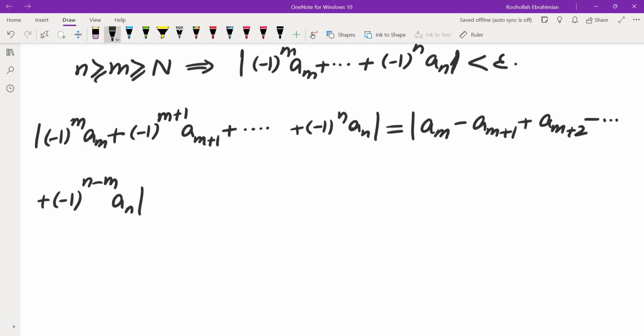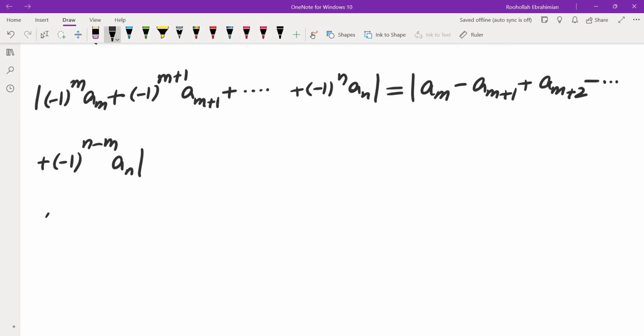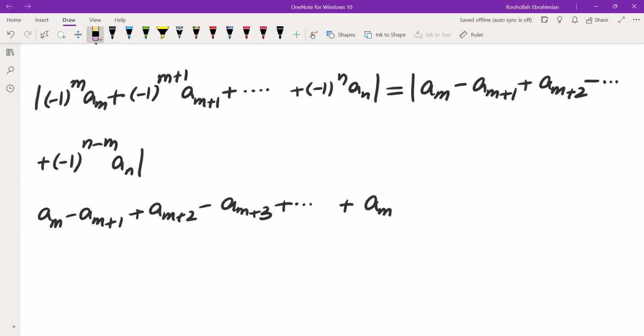So let's look at the sum, and there are two cases. If you look at a_m minus a_(m+1) plus a_(m+2) minus a_(m+3) plus etc., let's assume that the last term is plus a_n. We can combine these two by two.